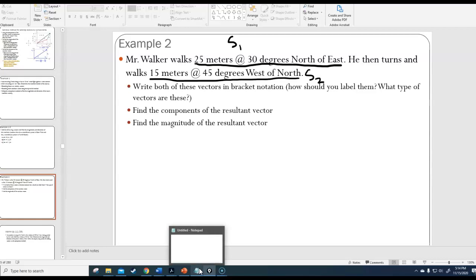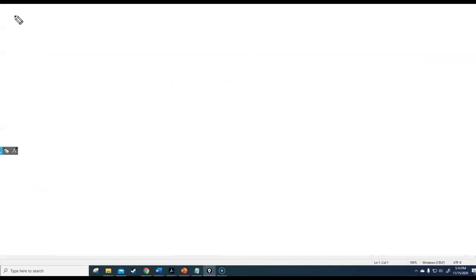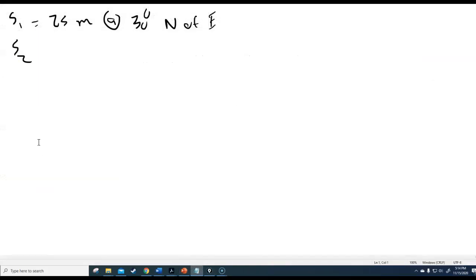So let's do this. 25 meters, 30 degrees north of east. So S1 is 25 meters at 30 degrees north of east, and S2 is 15 meters at 45 degrees west of north.